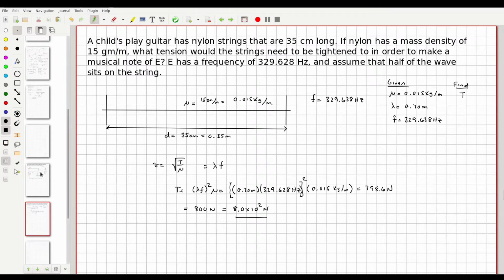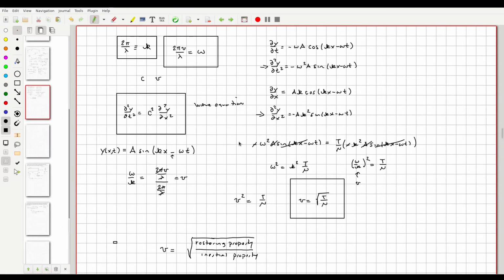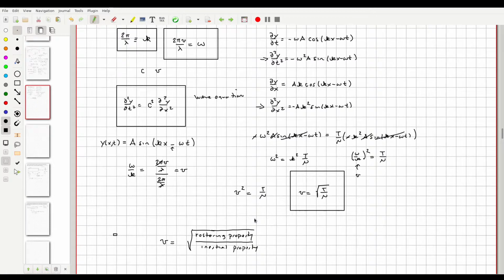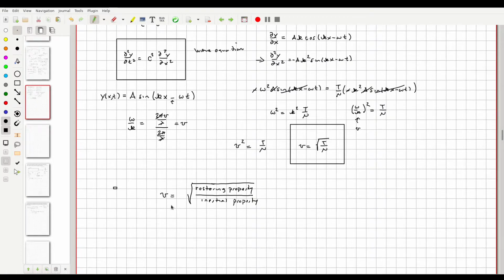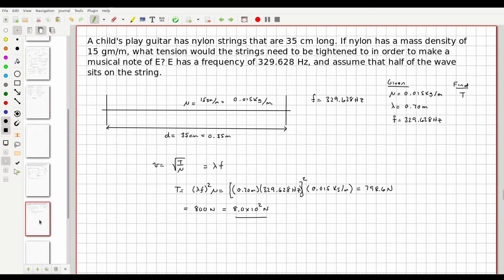Now, here I had mentioned that the speed of a wave in a material is really just the restoring property over the inertial property. Now we can take this form of the equation and expand it to solids and liquids, and even gases under the right conditions.